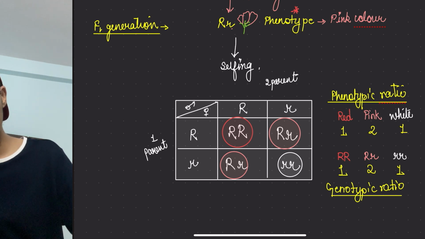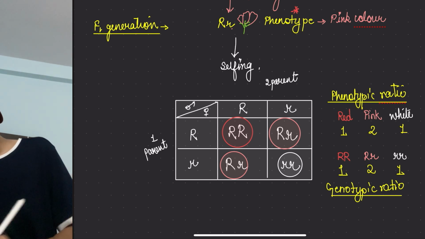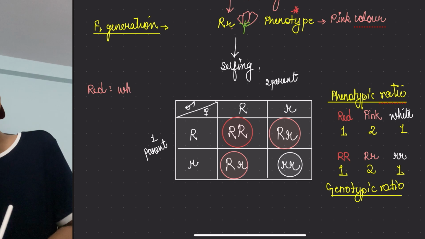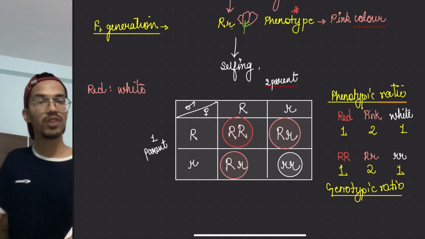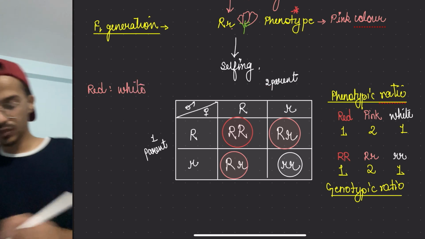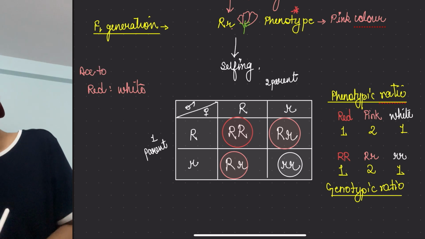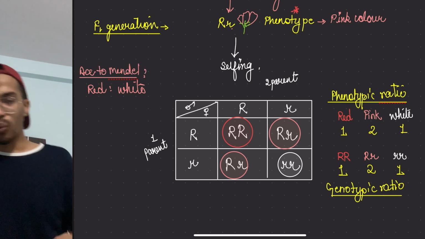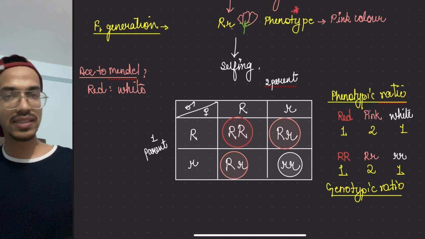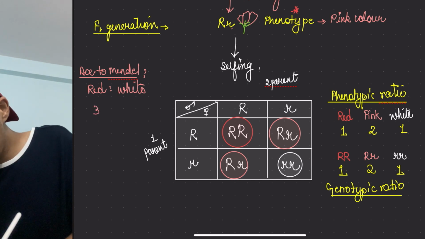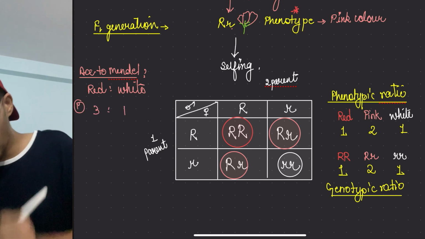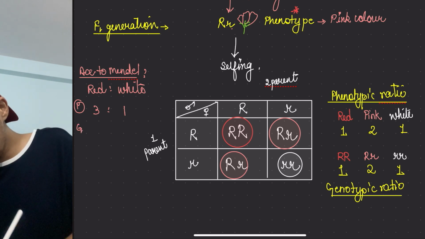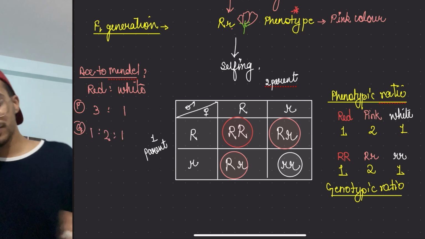In monohybrid cross, what was there? If you have to make a monohybrid cross, there will be red with respect to white. These two colors will be coming according to Mendel. According to Mendel, if he hadn't gone through the experiment, he would have said that red will come, white will come, red is the dominant one. So the phenotype ratio according to Mendel would be 3:1 and genotypic ratio would be 1:2:1.